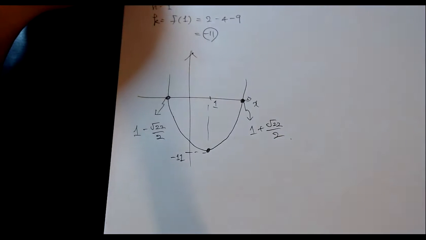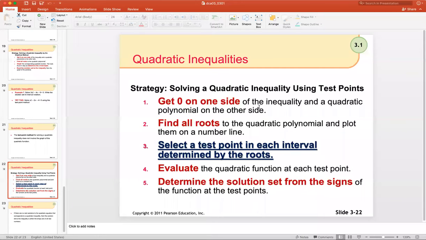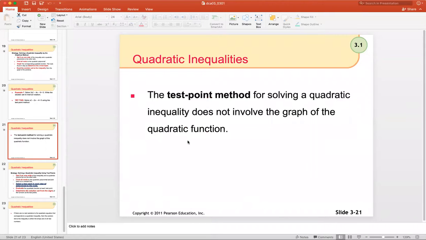Now let's move to the next method, the test point method. The test point method for solving a quadratic inequality does not involve the graph of the quadratic function. I told you right at the beginning of class.